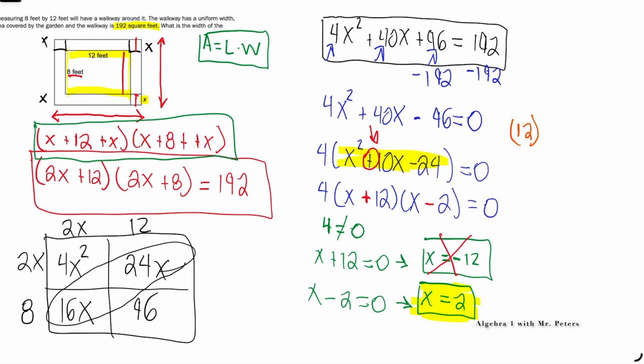And then 12 plus 4 is going to give me 16. And when we multiply that, are we going to get the area of 192 square feet? Once we simplify and multiply, we're going to know that 192 is equal to 192. So when x is equal to 2 feet for the width, this is why it's the correct answer.